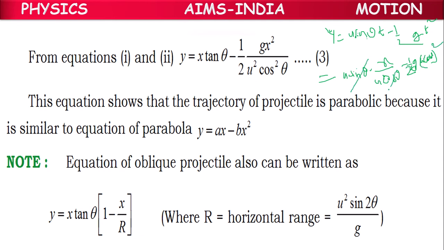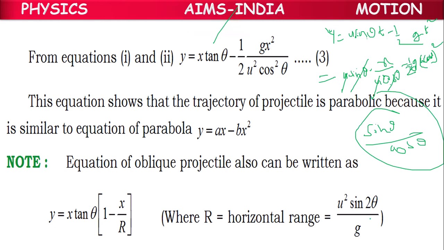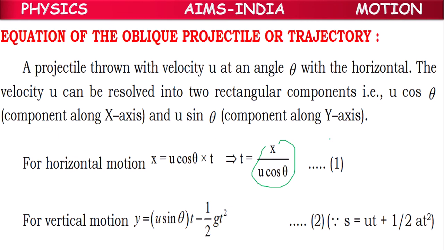There, sin theta by cos theta we can write as tan theta. So u gets cancelled, and sin theta by cos theta directly we can write as tan theta. So x tan theta. Sorry, here x by u cos theta.